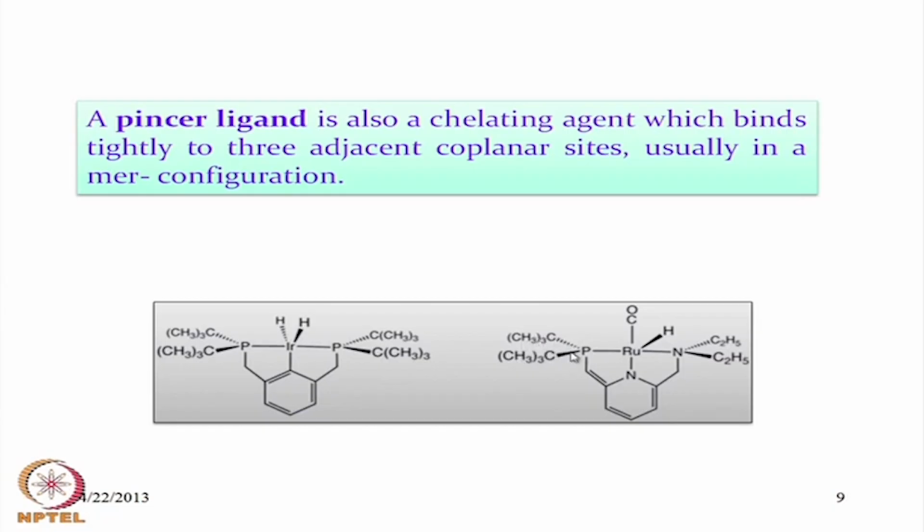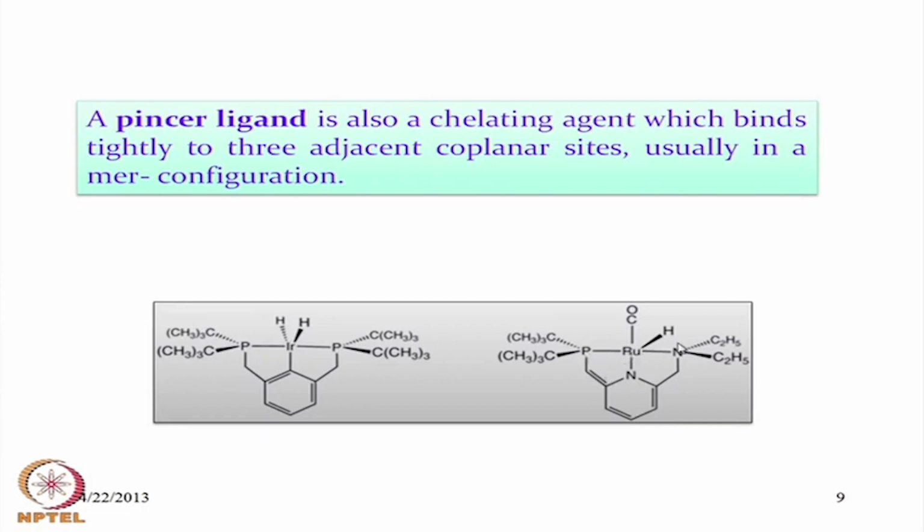If we put bulky groups around this phosphorus and two other bulky groups around this nitrogen, we will see that we are forcing this particular plane, which is a 5-membered chelate ring around ruthenium, and this is also another 5-membered chelate ring on the other side, but this is bearing phosphorus and this is bearing nitrogen, and if they are pretty close to each other and the planar arrangement is such that it is very tightly bound.